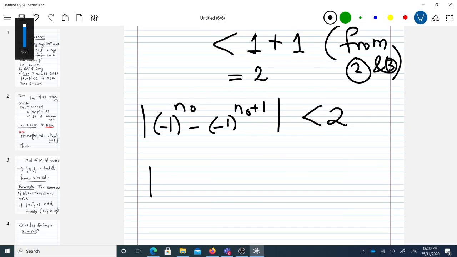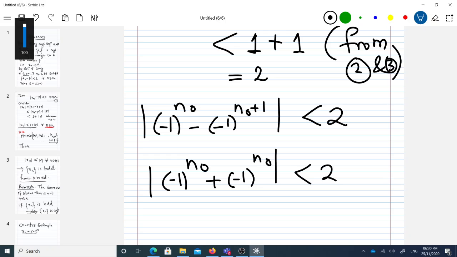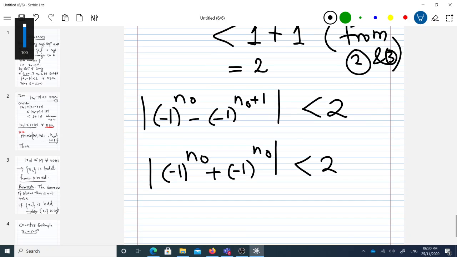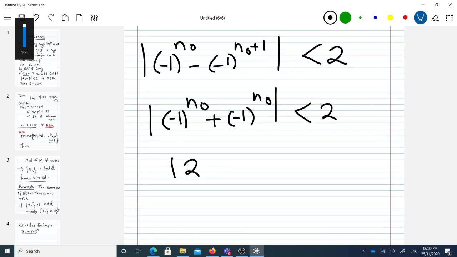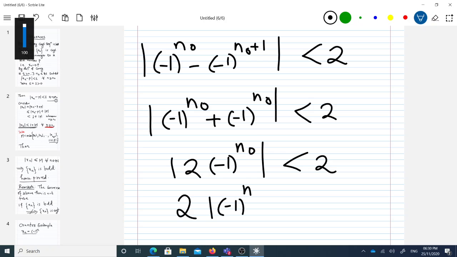But (-1) to the power n naught plus 1 can be written as (-1) to the power n naught times minus 1, and that minus minus will become plus. So I will have 2 times modulus of (-1) to the power n naught less than 2.